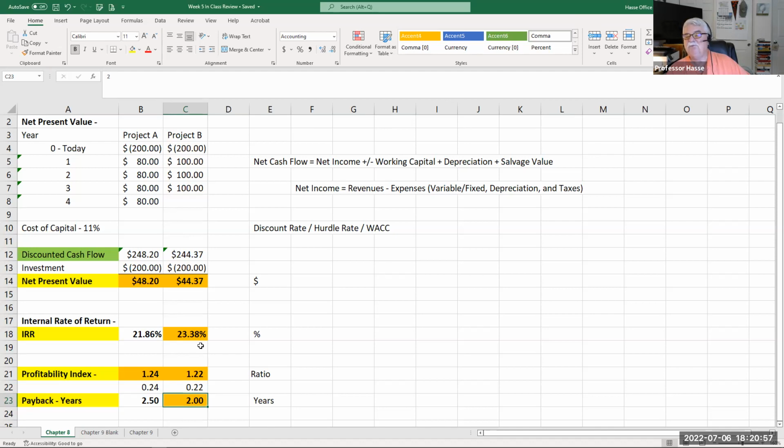Here's a point for future notation. Note the cost of capital is 11%. If I reduce the cost of that money to 8 or 7%, I make more money here. An important concept in business: the cheaper the money, the greater the return. That's why companies today are freaking out. Money is becoming more expensive.